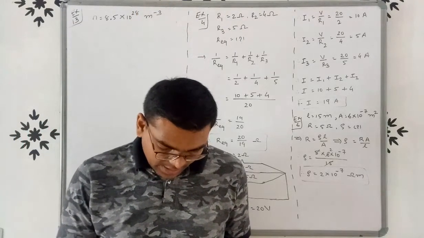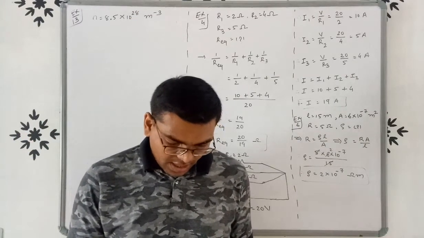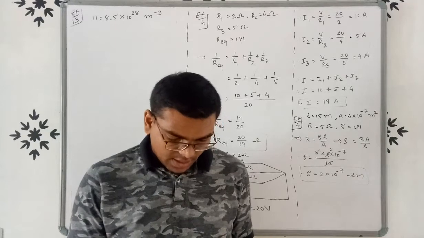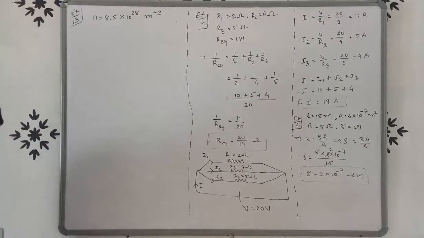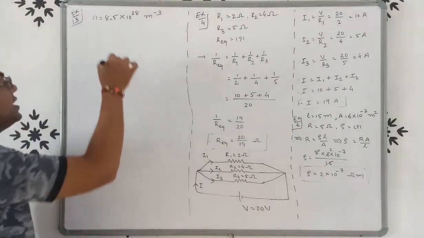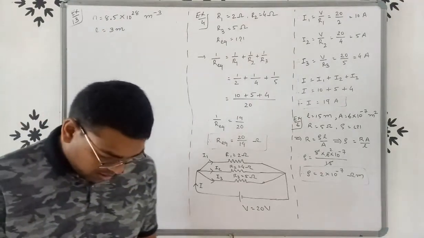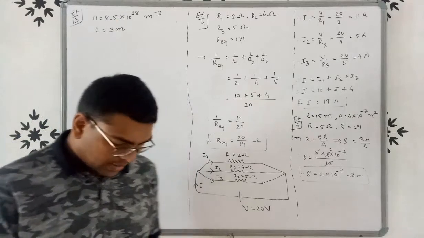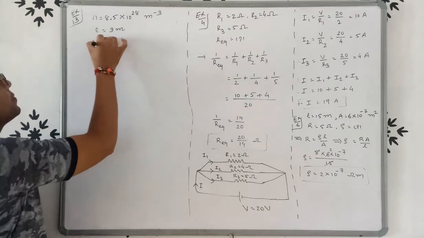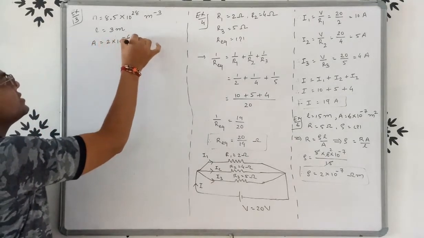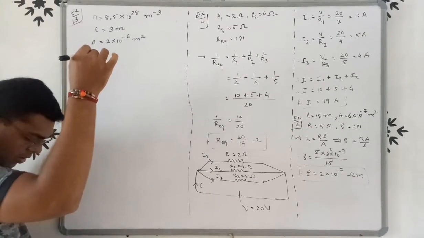How long does an electron take to drift from one end of a wire 3 meter long to its other end? So here the length of the wire is given, L is equal to 3 meter. Here the area of cross section is given, area A is equal to 2 into 10 raised to minus 6 meters square, and it is carrying the current of 3 ampere.